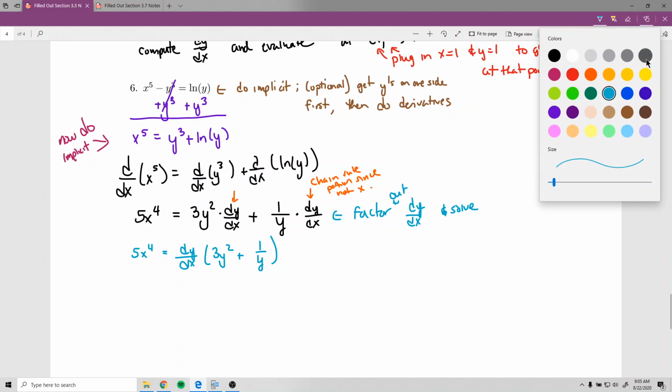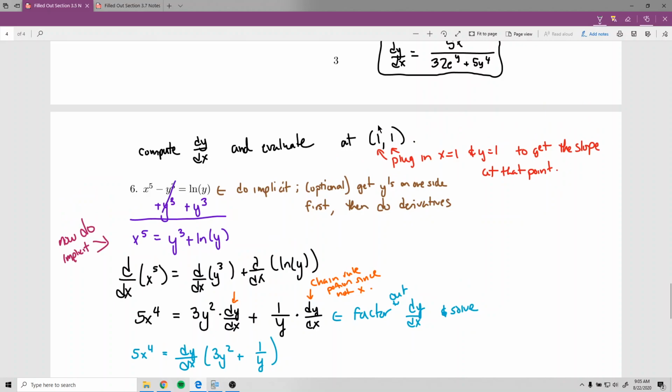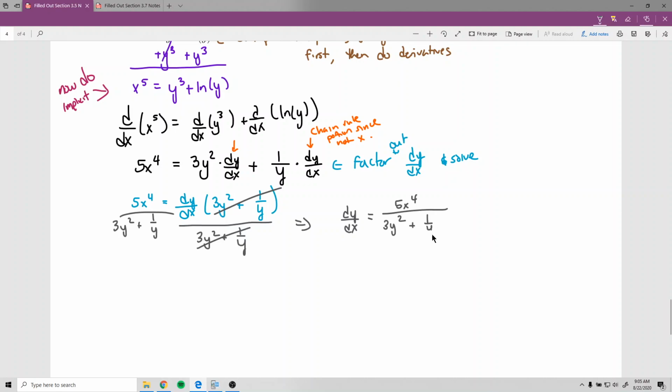But it's not necessary because all we're doing is plugging in a pair of numbers afterwards. So now I'm just going to divide by the 3y squared plus 1 over y. I'm going to write the dy over dx on the left side just so I can read it more easily. And dy over dx equals 5x to the fourth on top, and on the bottom, 3y squared plus 1 over y.